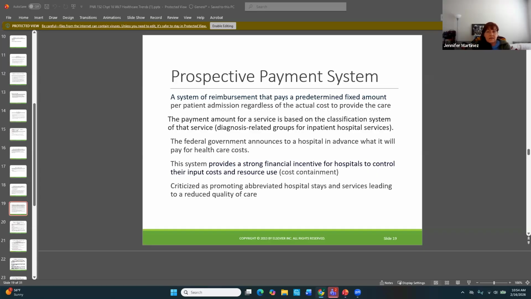Like I said, somebody comes in having a heart attack and they're admitted to the hospital. The hospital is aware that, okay, I have a heart attack coming in, and this is what my reimbursement is from the insurance company for that heart attack. So the government announces to the hospital what it's going to pay for those costs. We know for this heart attack patient, we're going to get $15,000, whatever it is, I don't know what it is.